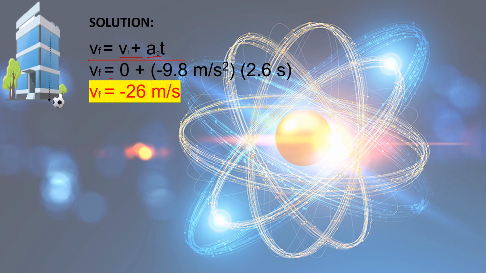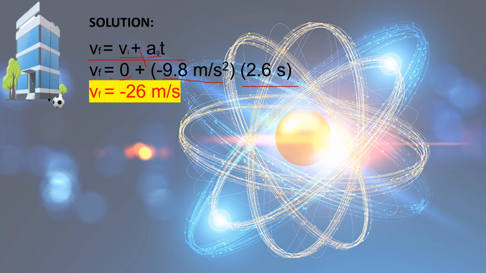So VF is equals to, our VI is 0. Let's assume that our initial velocity is 0 meter per second. So you'll put 0 here, plus our acceleration due to gravity is negative 9.8 meter per second squared, which is always constant. And the time, based on our problem, is 2.6 seconds.